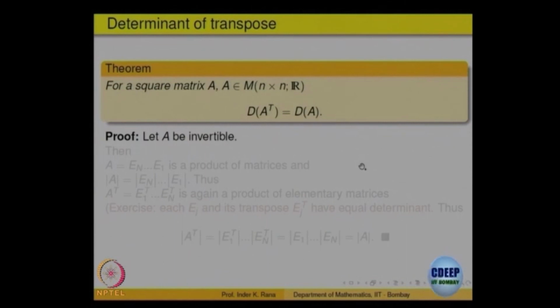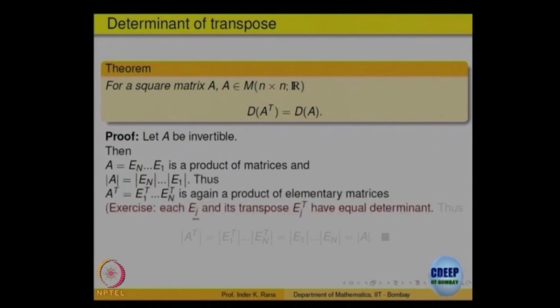What is determinant of A transpose? Then one of the columns or rows is 0. If a row is 0 in A, then a column will be 0 in the reduced row equivalent form. Similarly, if A is invertible, it is a product of elementary matrices. Okay. So, determinant of A will be the product of the determinants of those elementary matrices, right. A is invertible means it is a product of elementary matrices, right. Is it okay?